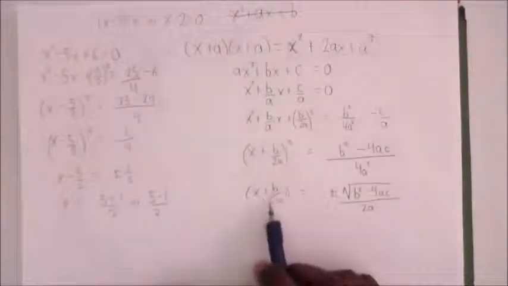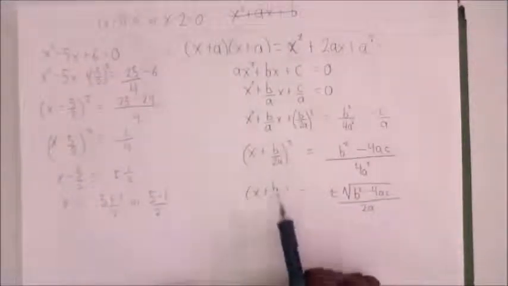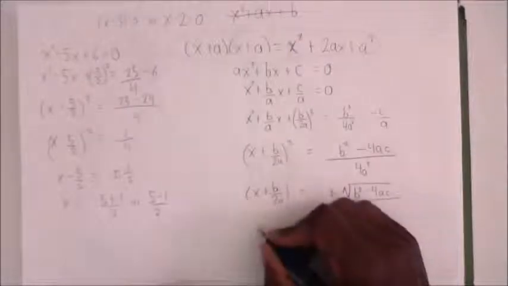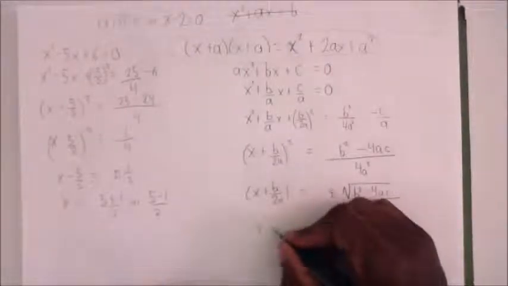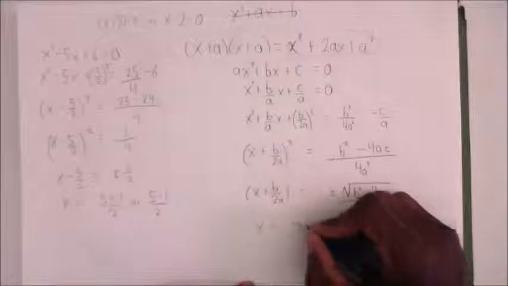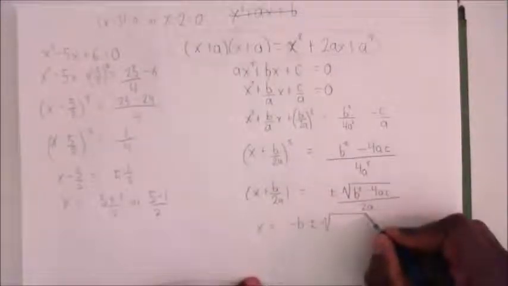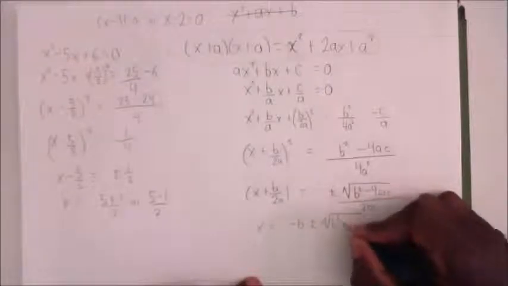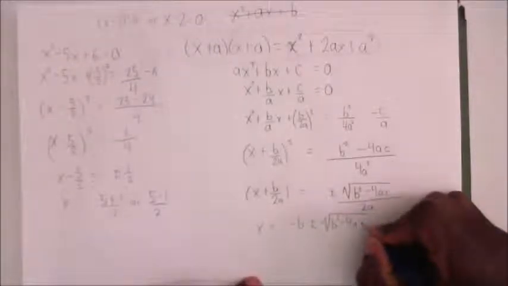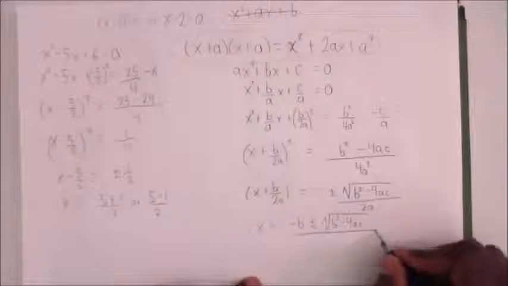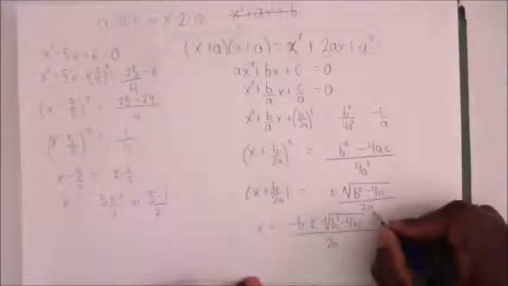And now if I minus b over 2a from both sides, I will get x is equal to minus b plus or minus the square root of b squared minus 4ac all over 2a.